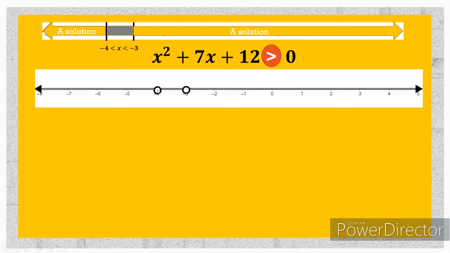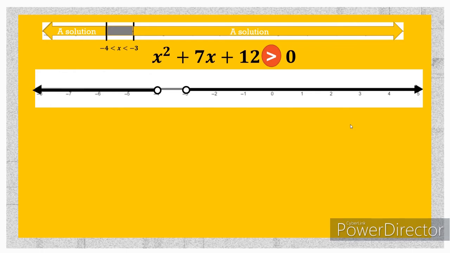Sa tapat ng ating roots, negative 4 and negative 3. Then, gawa lang tayo ng ray para ma-indicate natin yung solution. Again, ang ray natin ay nandito sa left ng negative 4 and sa right nung negative 3.